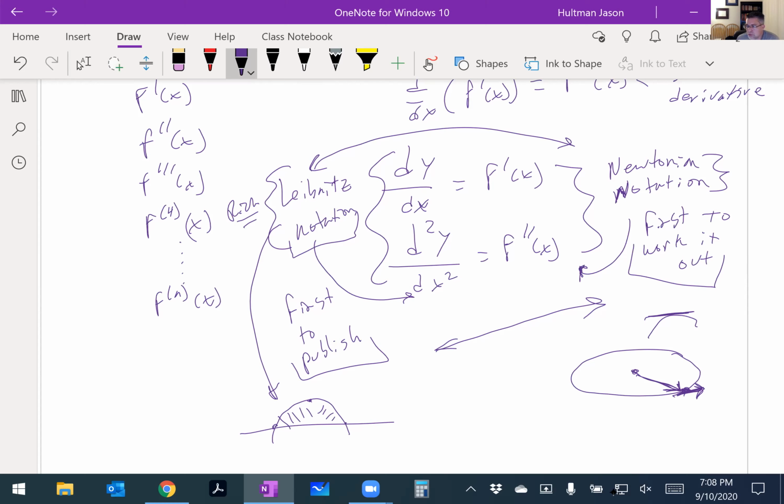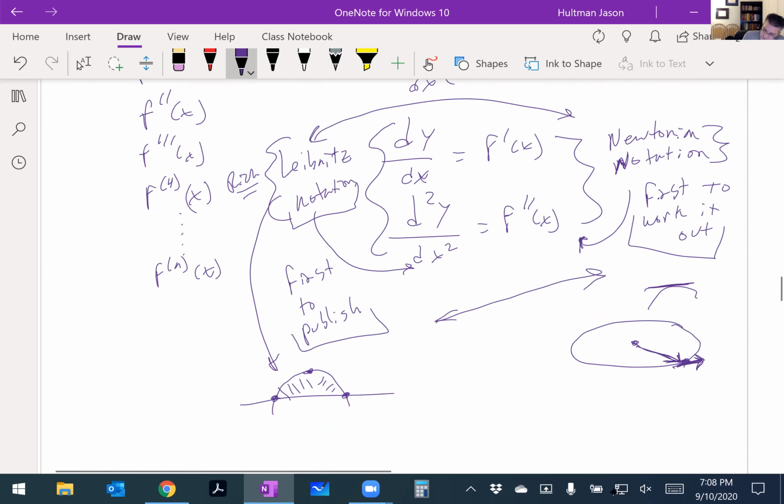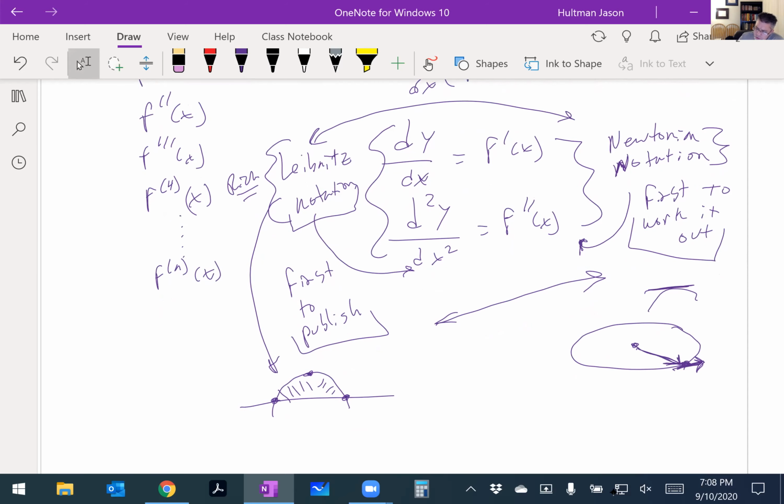Newton just was not quick enough to publish. He wanted to spend more time working out his theories, and then Leibniz beat him to the punch. And Leibniz was like, I published, and you didn't. So they were bitter rivals to the very end. What's interesting is that 300 years ago, everybody would say Leibniz discovered calculus, but 300 years later, everybody says Newton.